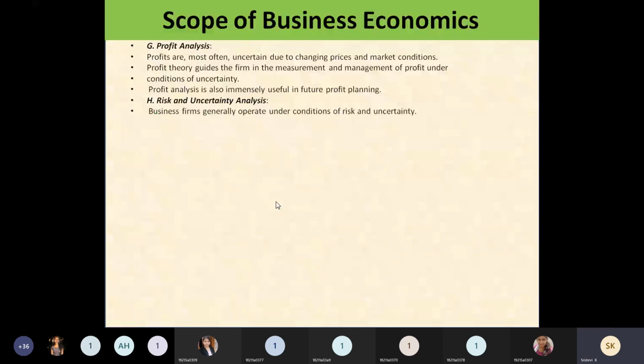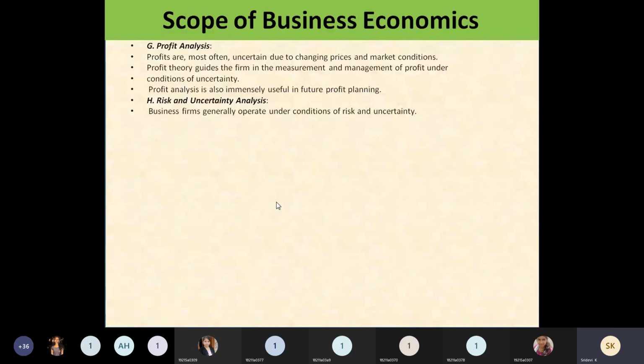And risk and uncertainty: risk means knowingly entering into something, taking a risk. That means a person knows this is what he is going to face. Knowingly entering is called risk. Uncertainty means without any information or without knowing, certain things will happen.